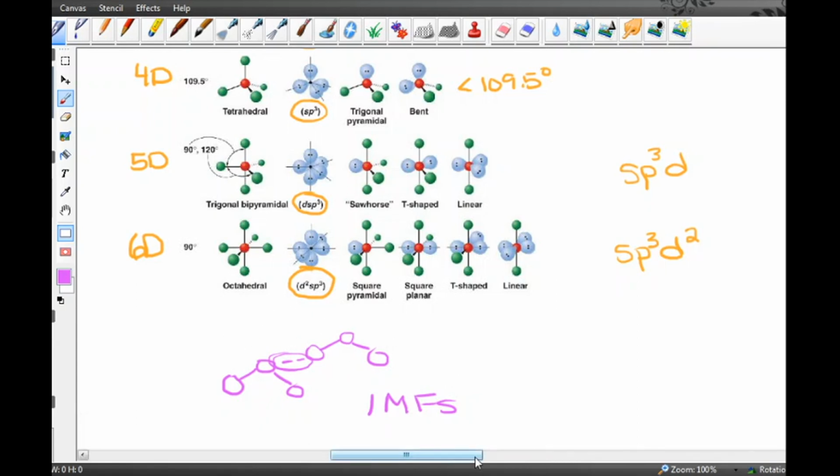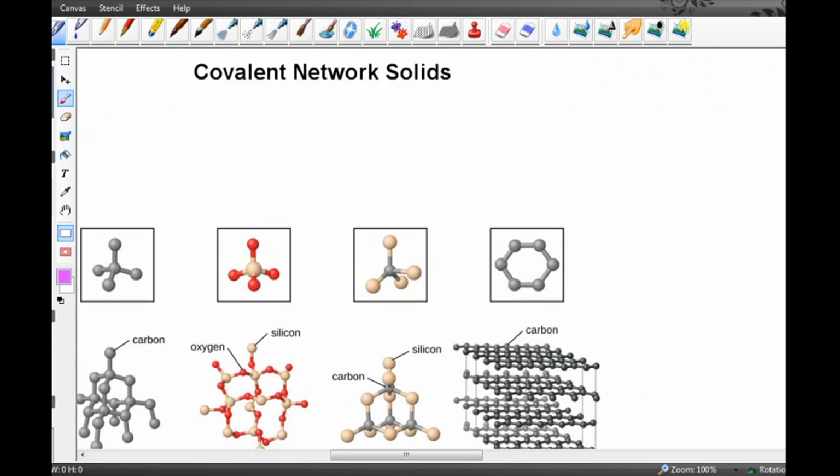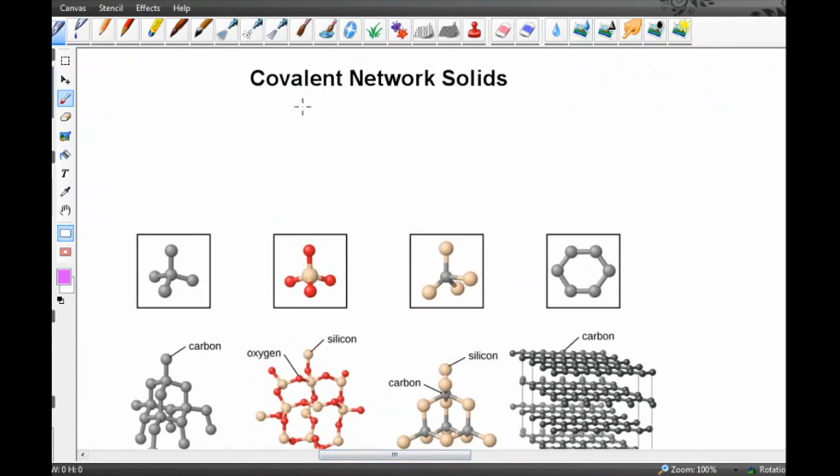Now, we didn't talk about that with ionic compounds because it's the crystal lattice structure that holds the whole thing together. And in metallic structures, it's the sea of electrons that holds the whole thing together. And in most covalent compounds, it's intermolecular forces that hold the whole thing together. However, there are some substances where what holds the whole thing together is in fact a covalent bond.